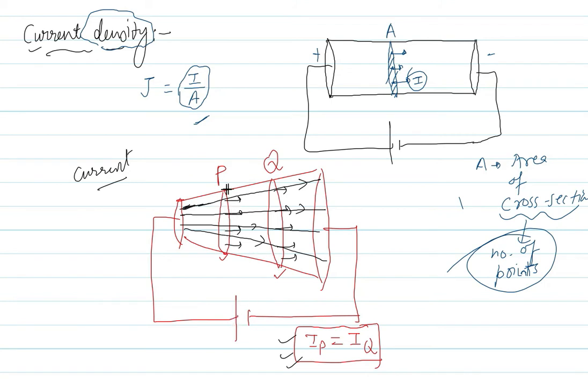But you can observe one thing from this picture, that on area P the flowing current is more dense than on area Q. In area Q the amount of flowing current is still the same, but the density is different. The density is lesser than that of area P. So that is what we define in terms of current density.